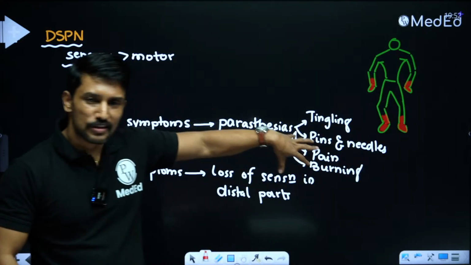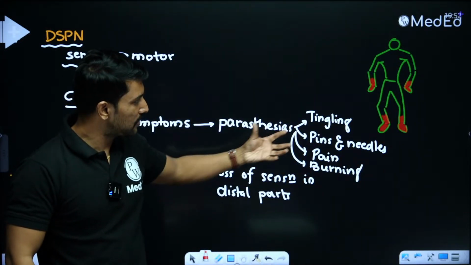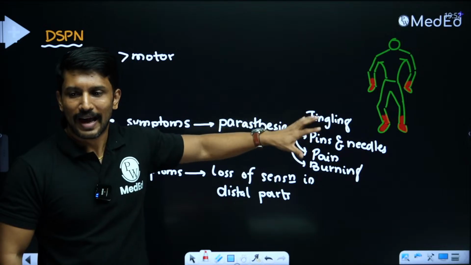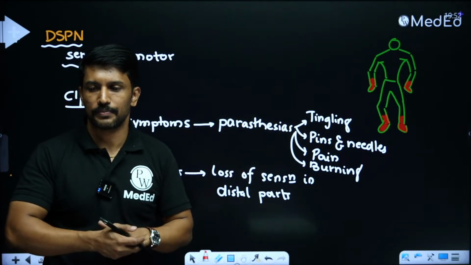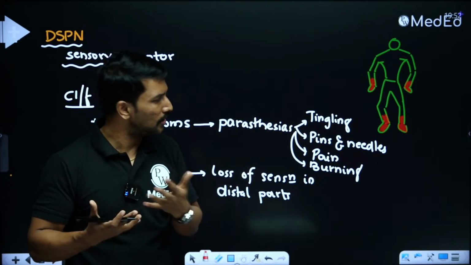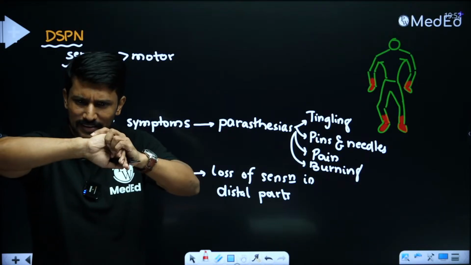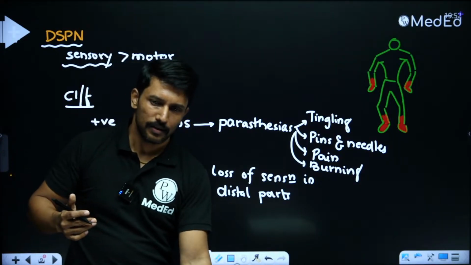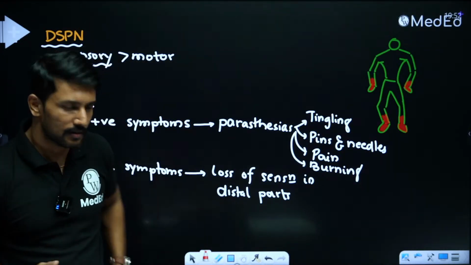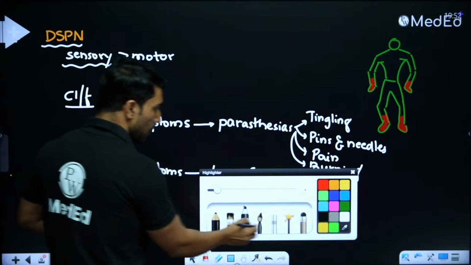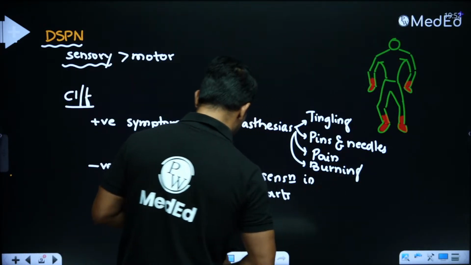So can I call this loss of sensation and paresthesia distribution as glove and stocking distribution? हम gloves कहाँ पे पहनते हैं? Upper limb, right? Hands. Stockings, the feet and legs, right? The girls who wear stockings, where do they wear? The legs and the feet, right?